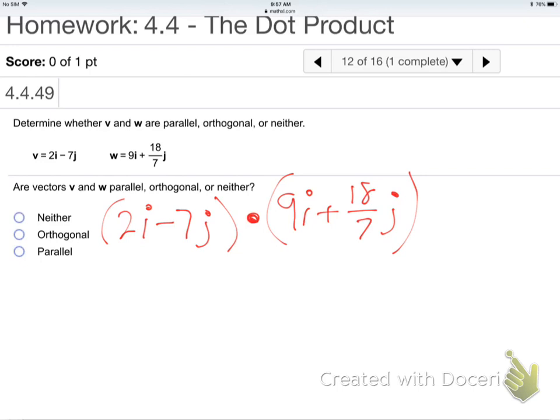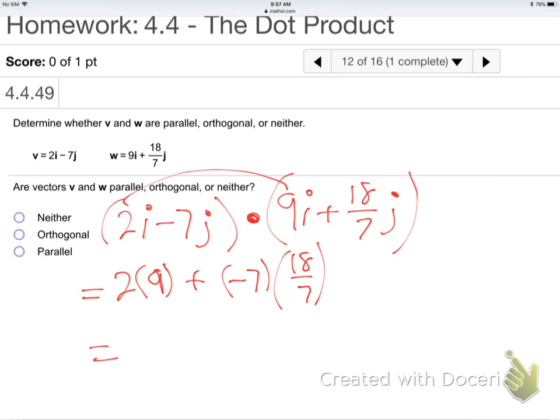All right, so when I dot them, 2 times 9 plus negative 7 times 18/7. Good so far? Dot them: the i times the i and the j times the j, and add them up. So it's 18 plus. Now what happens when the whole number 7 multiplies the fraction 18/7?